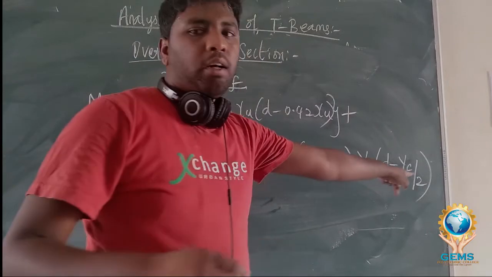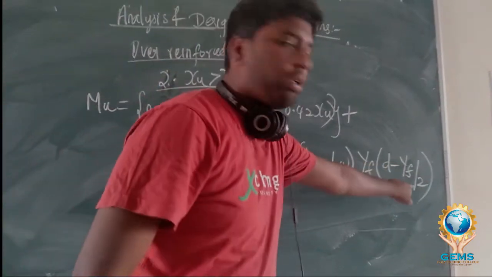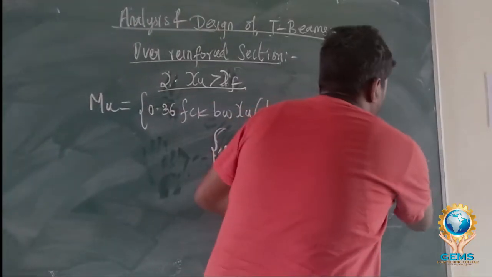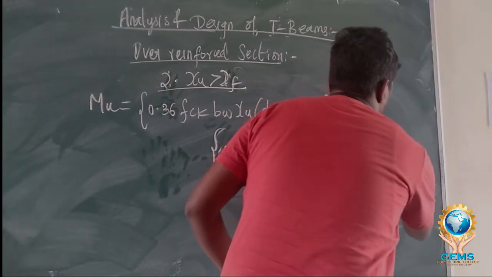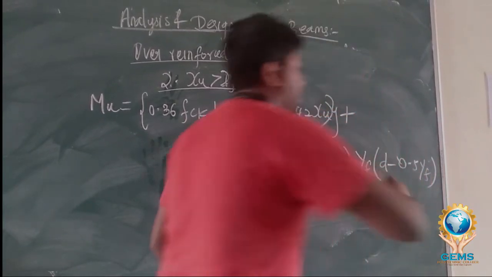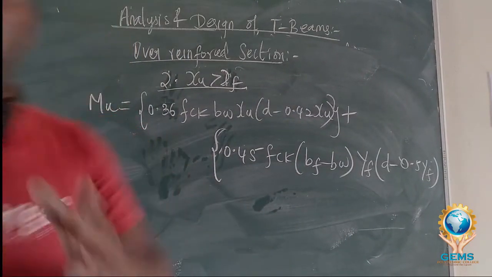Or else we can write this as 1 by 2, which is 0.5, so 0.5 into YF. Okay, so this is the formula.